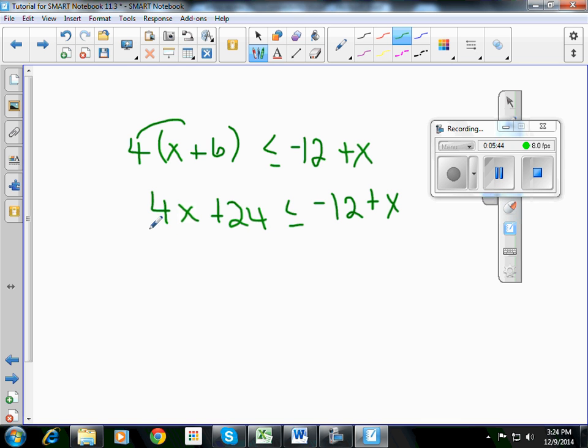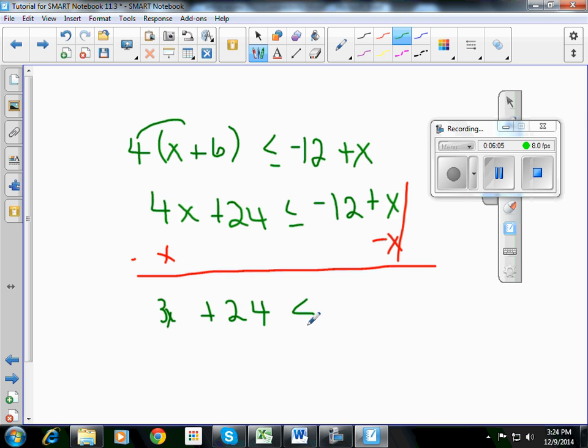I'd like to have the x on the left side, so I'm going to subtract x on both sides. So that eliminates that, and now we have 3x plus 24 is less than or equal to negative 12.